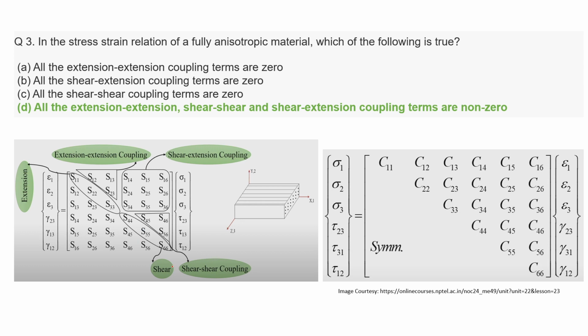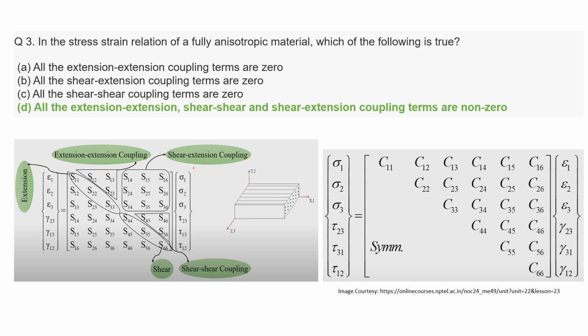And the next is the shear. As with extension, the shear terms are the independent constants which relate the shear stress and strain directly to each other. And next is the shear coupling, which gives us the relation between the shear stress and shear strain in different directions with each other.